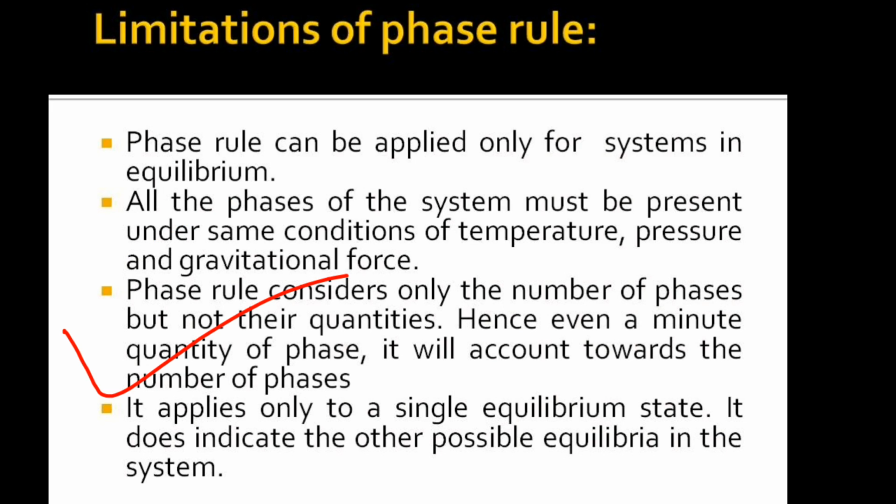Third, phase rule considers only the number of phases and not their quantities. Hence, even a minute quantity of a phase will be considered as a separate phase. That means if impurities are present, then also it is considered as a separate phase. Last one is that at one time you can apply phase rule for a single equilibrium state. So these are the various limitations of phase rule.